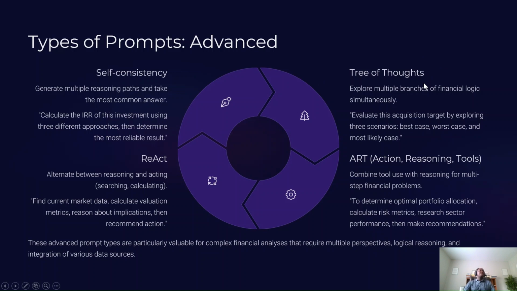ReAct alternates between reasoning and acting, searching and calculating. And then ART combines tool use with reasoning for multi-step financial problems. So we would want to play around with these four advanced types of prompts: self-consistency, ReAct, tree of thoughts, and ART.